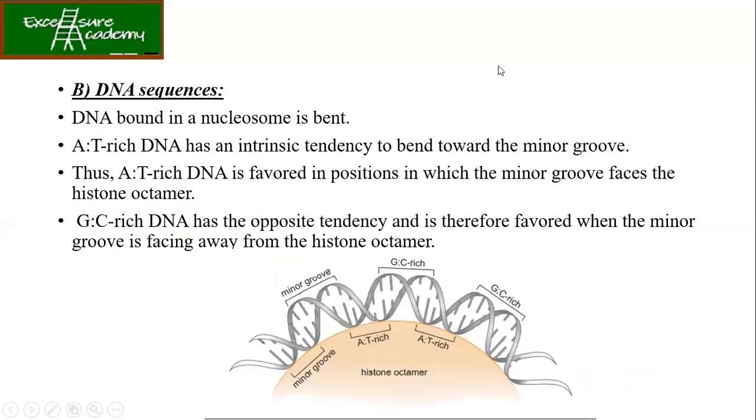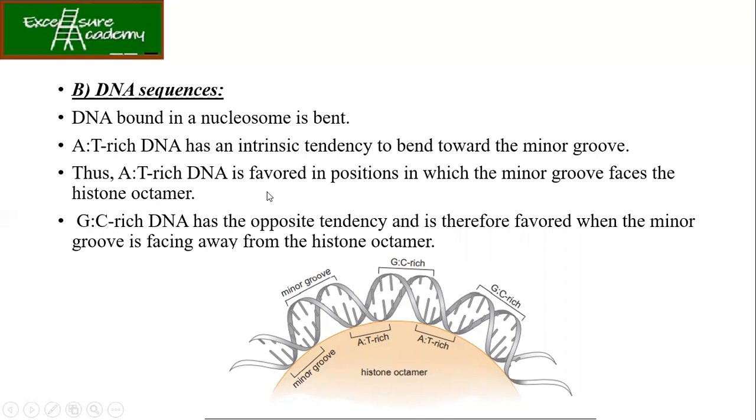Now, depending on the DNA sequences, when DNA is bound in the nucleosome, it actually gets bent. Okay, so obviously because it has to make another round around the nucleosome, so it will actually bend. So AT-rich DNA has a intrinsic tendency to bend towards the minor groove. So you can see that it is the minor groove which is making the interactions with the histone octamer, and this minor groove is rich in the AT base pairing.